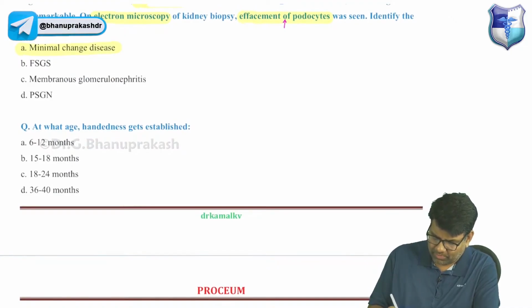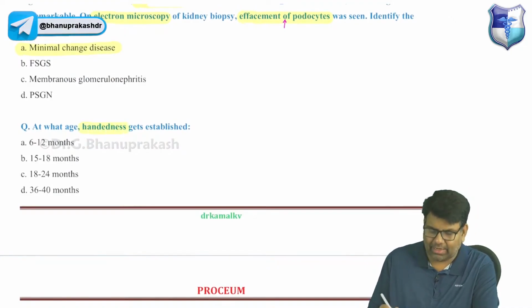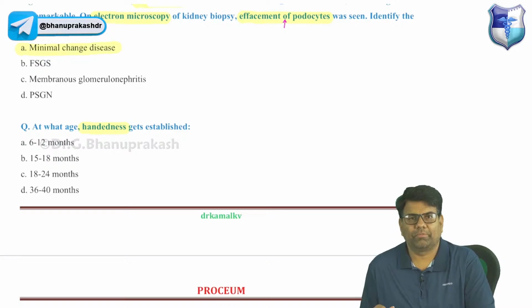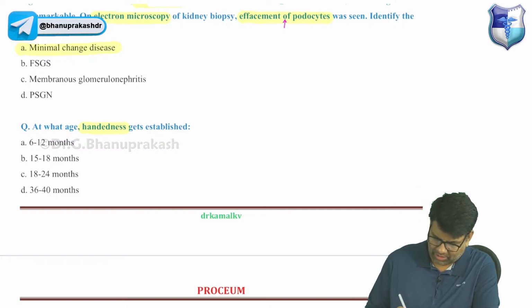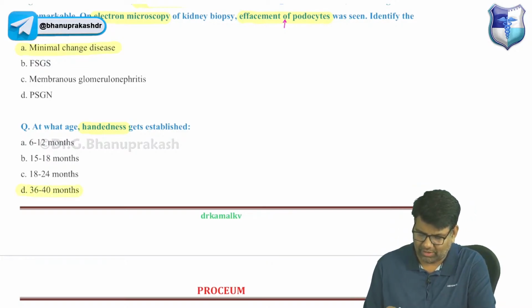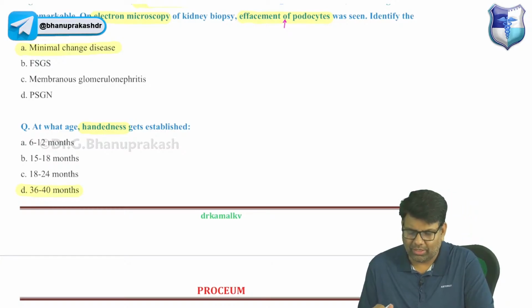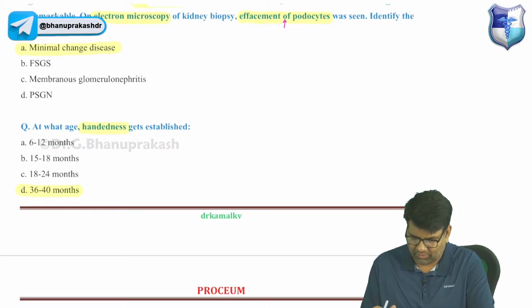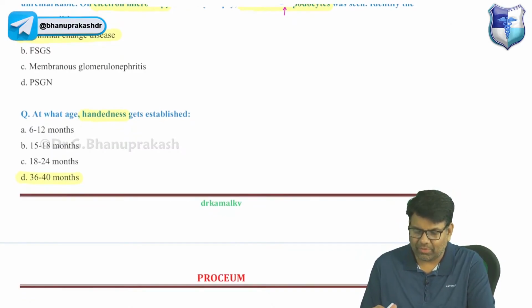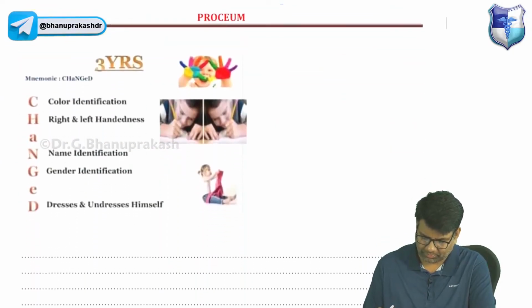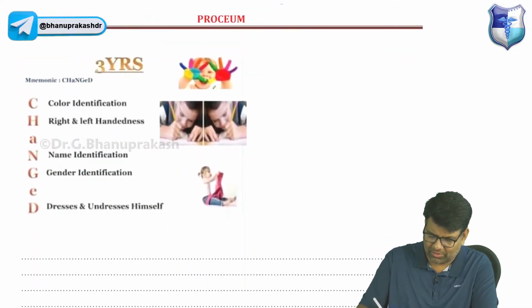Now, next question: at what age does handedness get established? Whether the child is right-handed or left-handed. Yes, it is around 3 years. There are many things which develop around 3 years. Not only handedness, the child is also able to know his gender. So there is a mnemonic for this, and you can remember it.